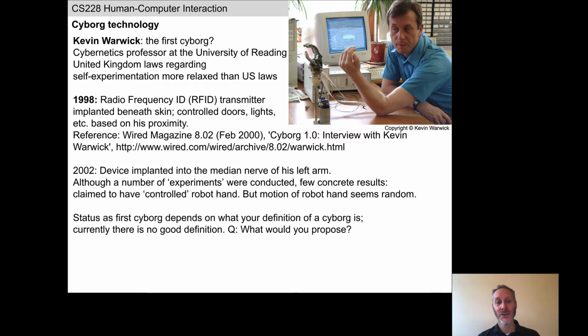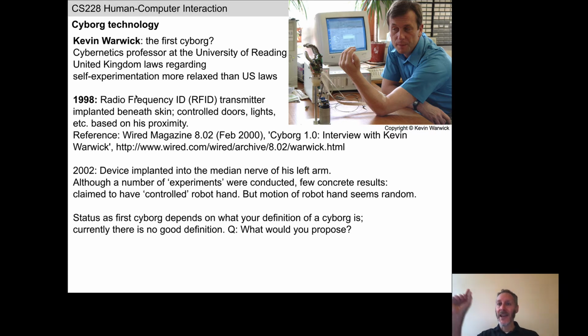Professor Warwick took it upon himself to surgically implant a radio frequency, or RFID, transmitter underneath his skin. RFID tags are a very common type of technology. They're very, very small and lightweight, so a good candidate for something to be surgically implanted.